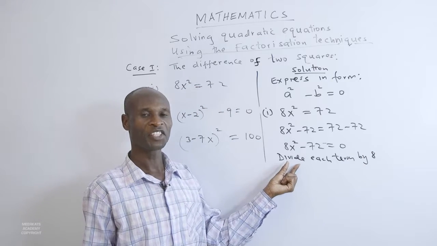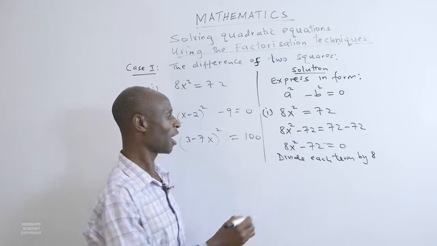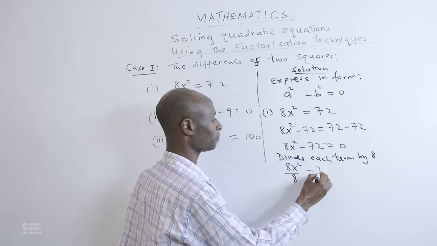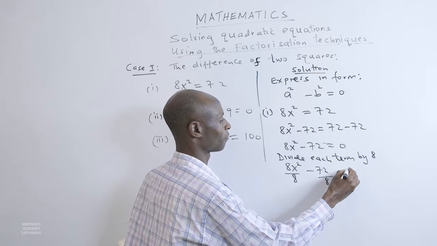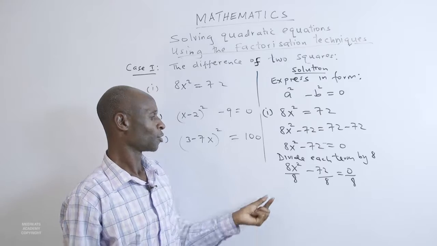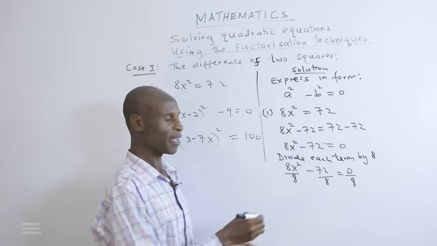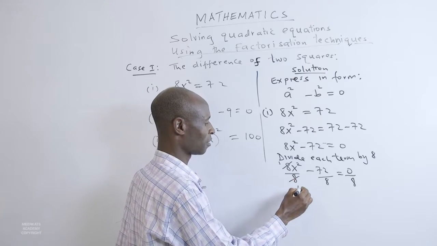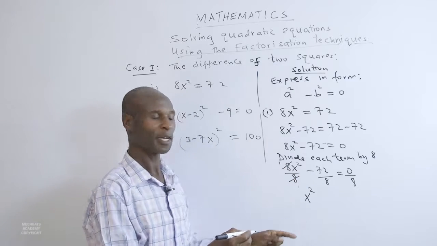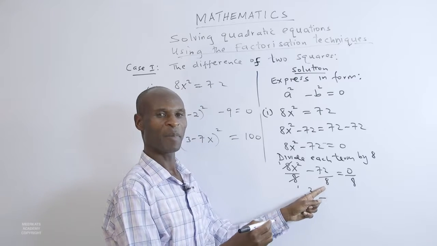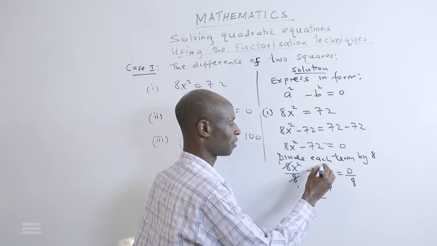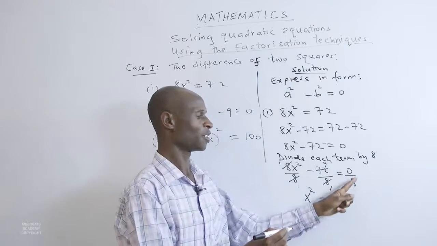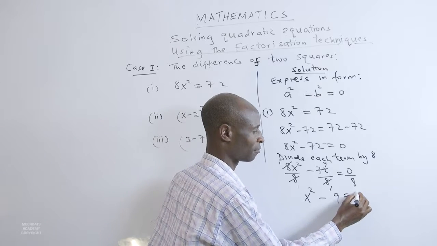If we divide each term by 8, or both sides by 8, we shall have, here, 8x squared divided by 8. The 8 cancels. We are left with x squared. 72 divided by 8, we have 9. Then 0 divided by 8 is 0.